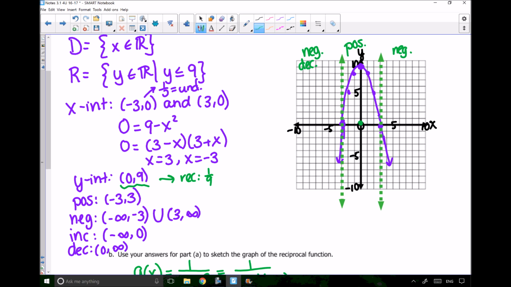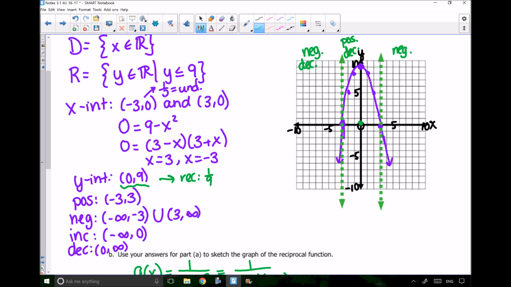Then from -3 to 0, my graph is increasing, therefore my reciprocal function will be decreasing. But I also know my graph is positive, therefore my reciprocal function will be positive. Remember: negative, positive, same; increasing, decreasing, opposite.